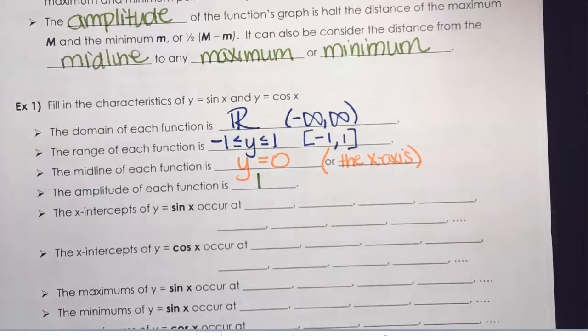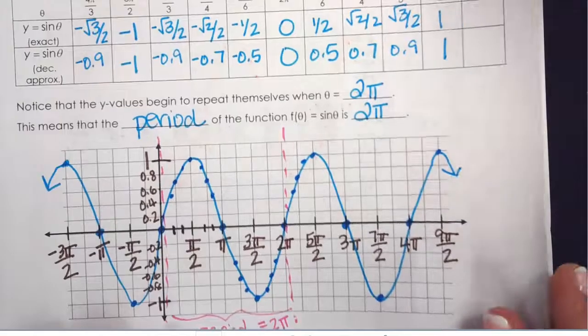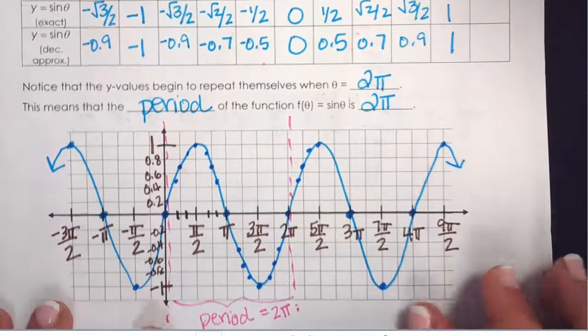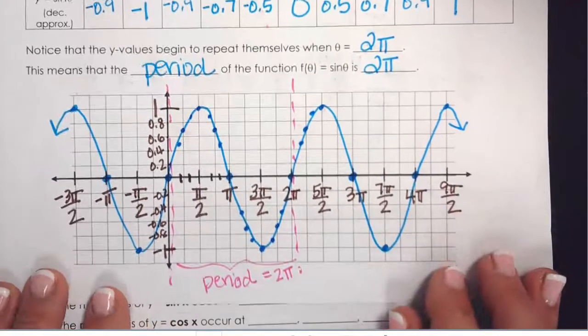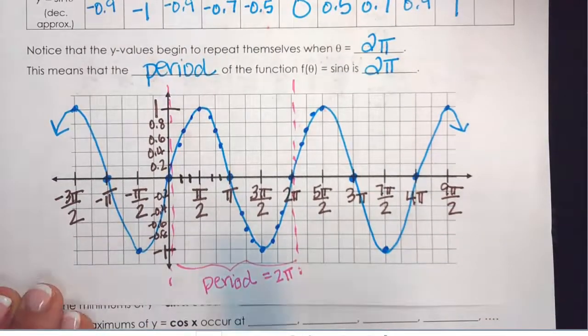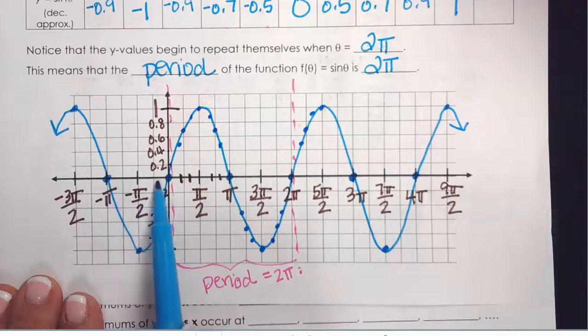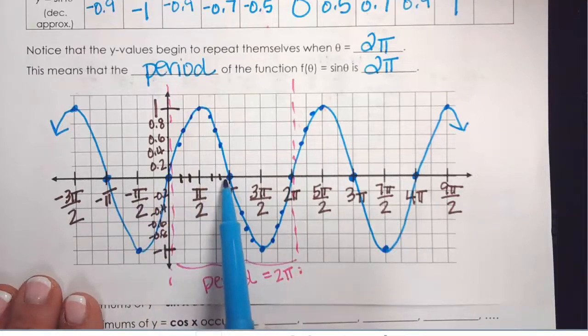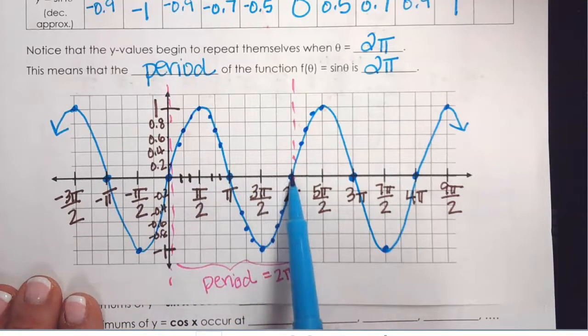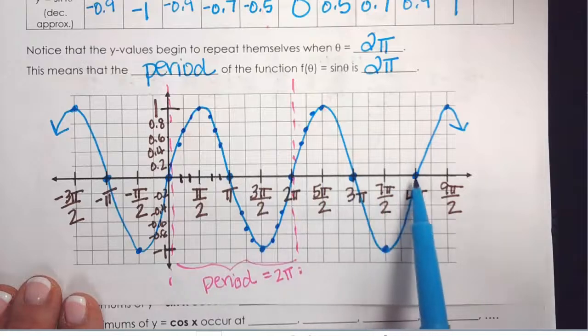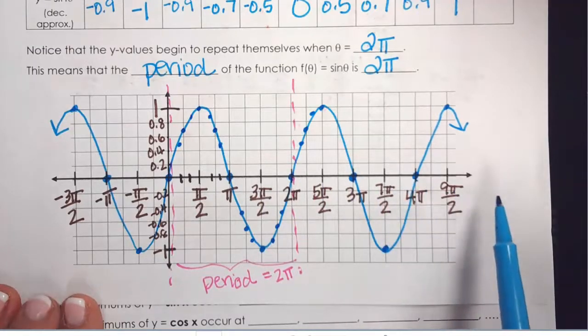Next, let's look at the x-intercepts of sine of x. Let's look at my graph, and let's just work from left to right. Where's the first x-intercept that you see? -pi. Where's the next one? 0. Where would the next one be? 5 pi.